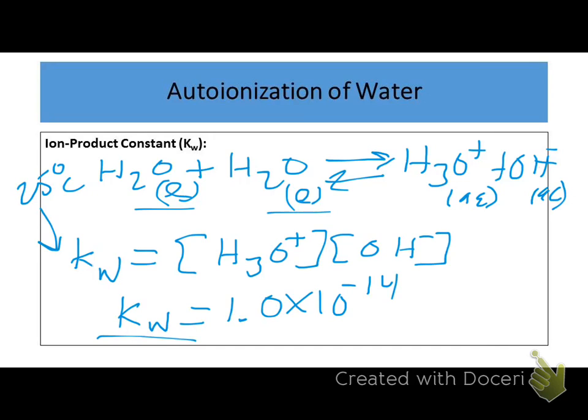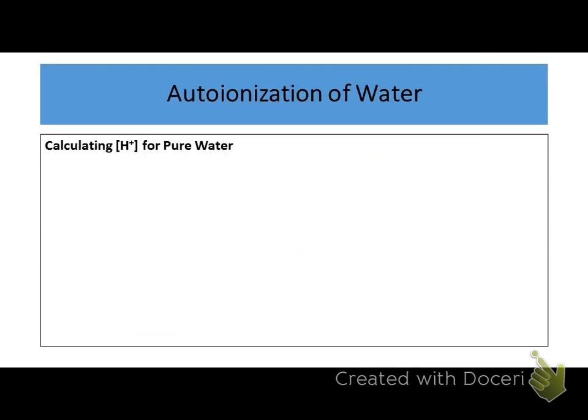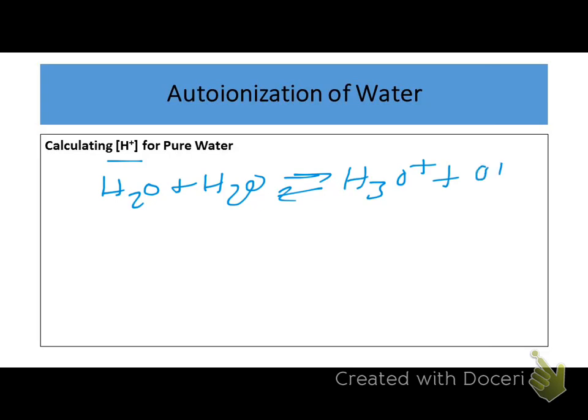Okay, so memorize it. All right, now we can use this to determine the hydrogen ion concentration, the H plus concentration at equilibrium. So what I want you to remember is when water reacts with water, it forms the hydronium ion plus the OH minus.